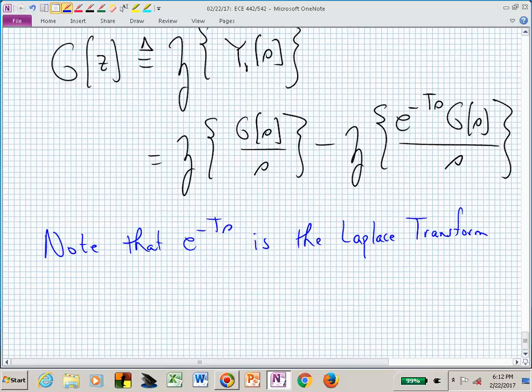If you saw a Laplace transform expression containing the factor e to the minus ts, and you had to inverse Laplace transform it, what would you do in the time domain? You would just delay that result by how much? T units of time. So e to the minus ts is really just representative of a delay of one sample period, capital T. Note that e to the minus ts is the Laplace transform of a delay of T seconds.